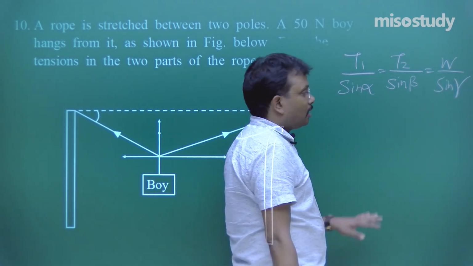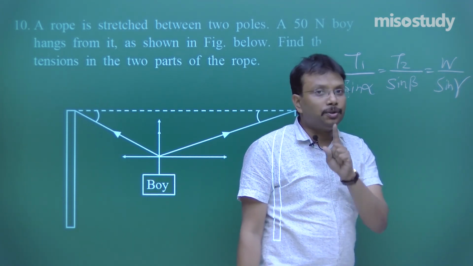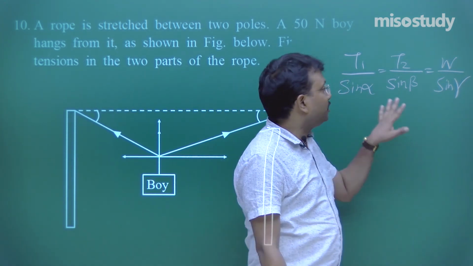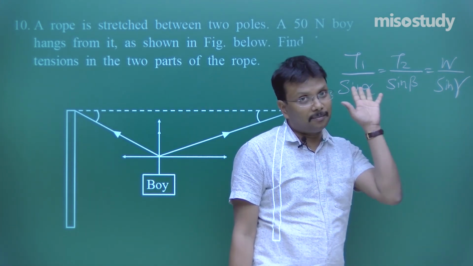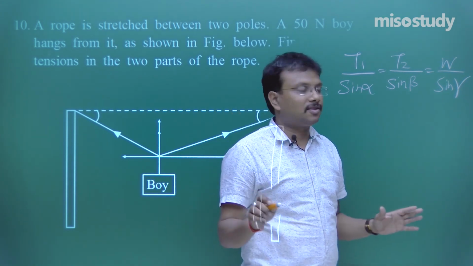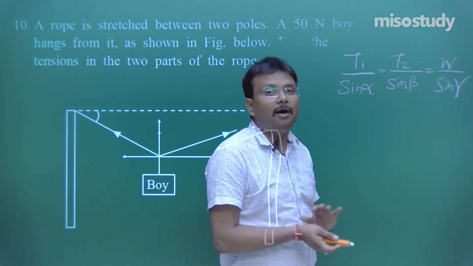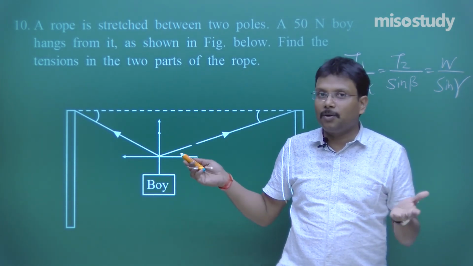The idea is simple. You should be very comfortable with these basic results, and Lami's theorem is one such basic result. Obviously, you have to write down this entire expression in your answer sheet, then solve and put the values. Due to the time limit, I can't do that in this particular video class.